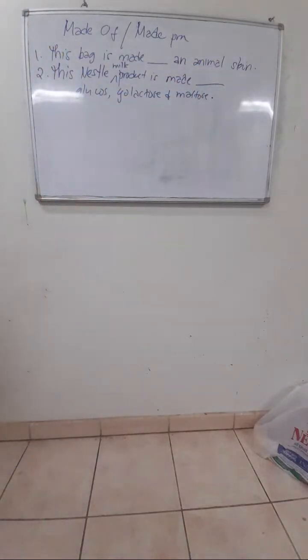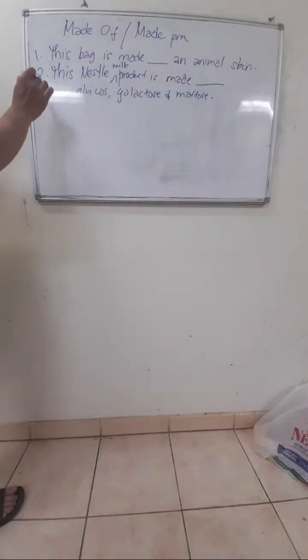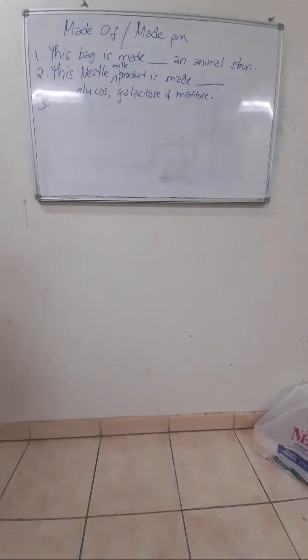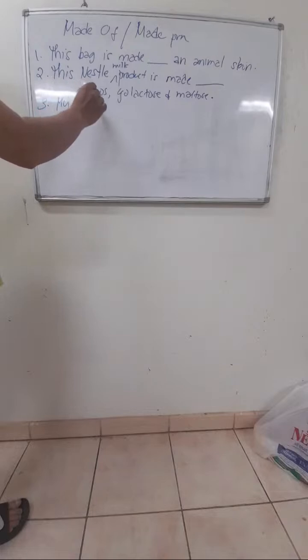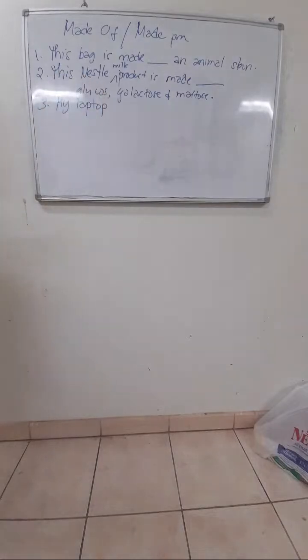Okay, number three. My house is made of... Sorry, I mentioned already the of. Again, I will revise. Let's say my laptop is made blank zinc, copper, and iron. Okay, my tongue slipped.